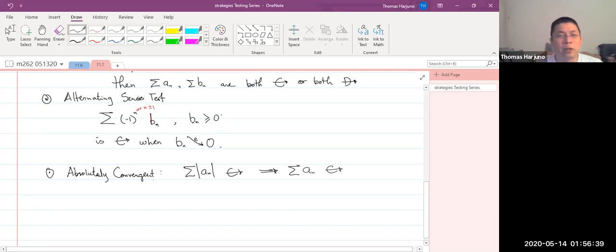Okay, but be aware of this configuration: conditionally convergent and absolutely convergent.